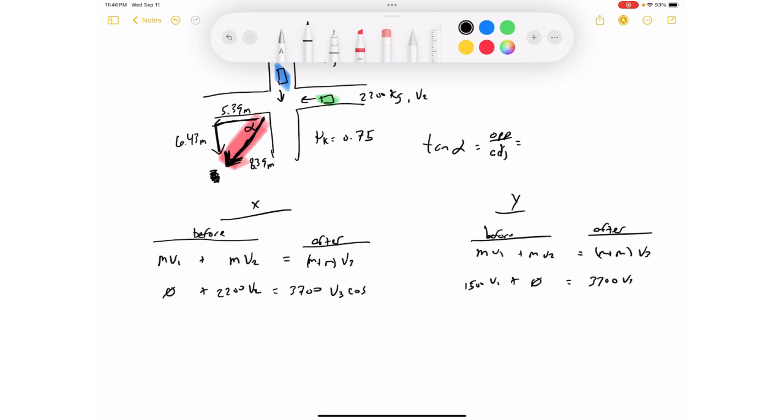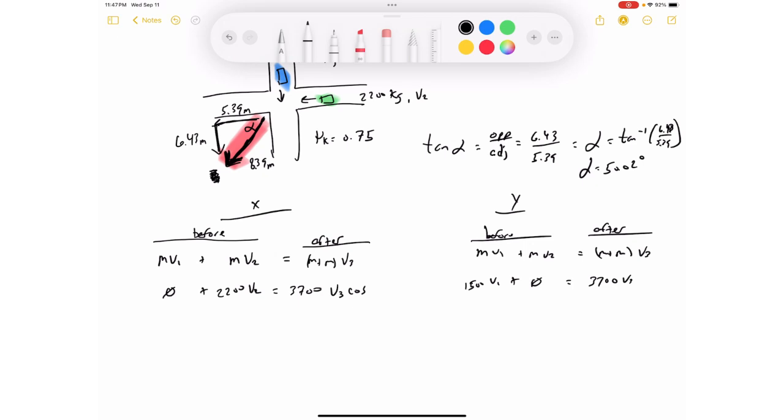And opposite is 6.43, and adjacent is 5.39. And then if I want to get alpha by itself, of course, I'll do the inverse tangent. So alpha is equal to the tangent inverse of 6.43 divided by 5.39. And so that's alpha. If you do that, alpha actually ends up being 50.02 degrees.